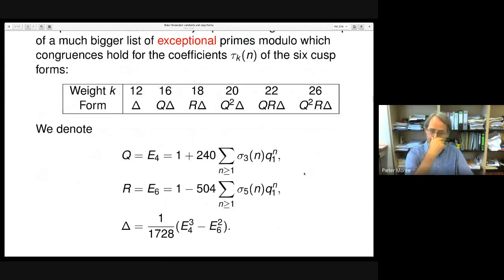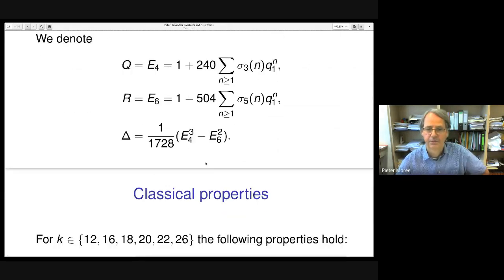So coming back to the question of Hossein about E4 and E6, those were denoted by Q and R by Ramanujan. And the Fourier coefficients involve sums of divisor functions. Before we saw the 11th powers, and here it's just to the power 3, and here it's to the power 5. And this, of course, is the connection between E4 and E6 and delta.